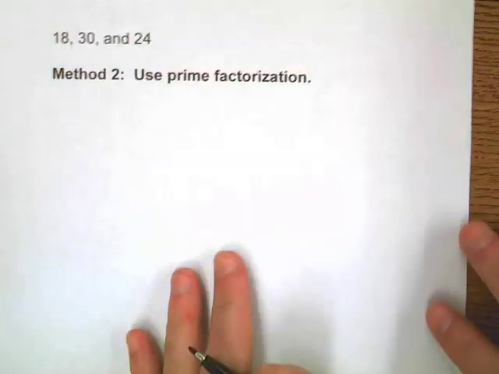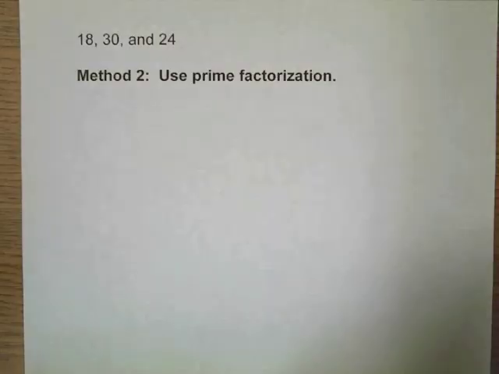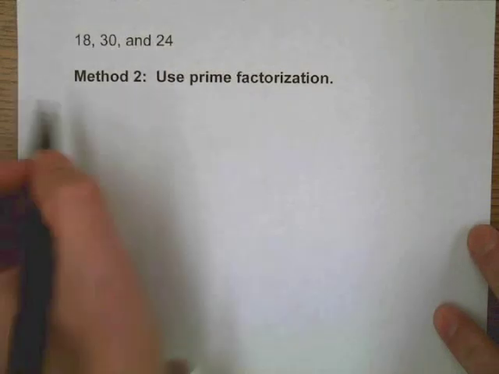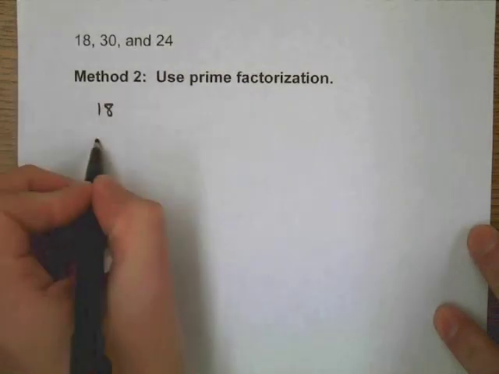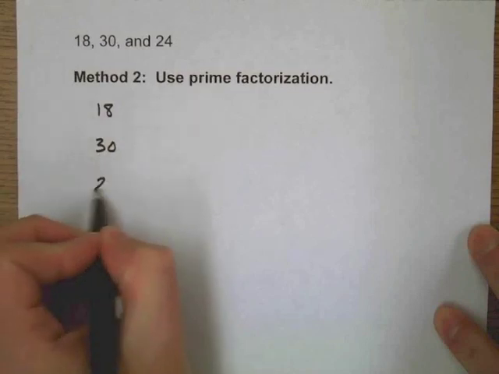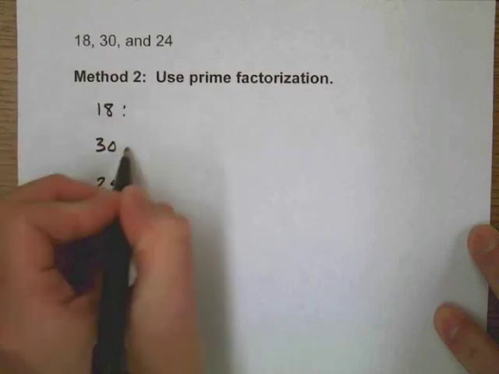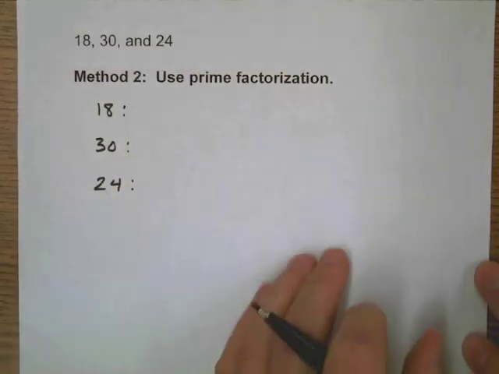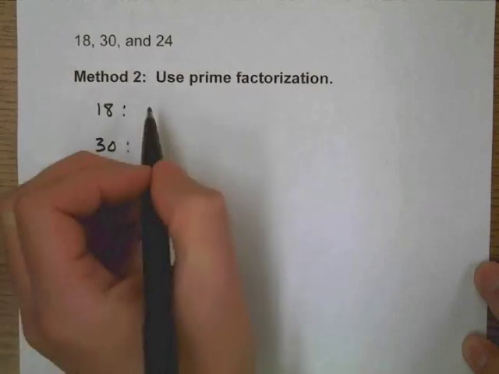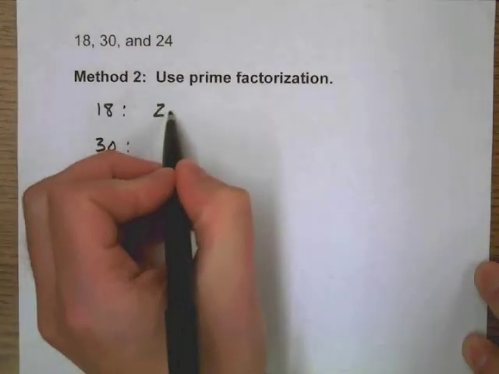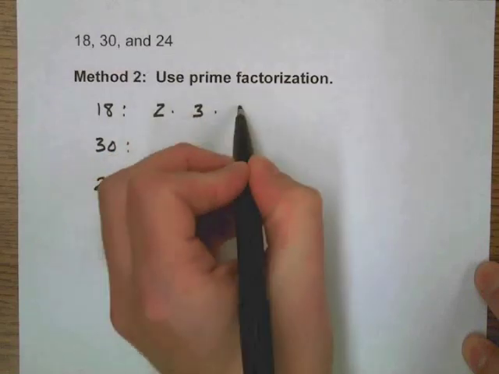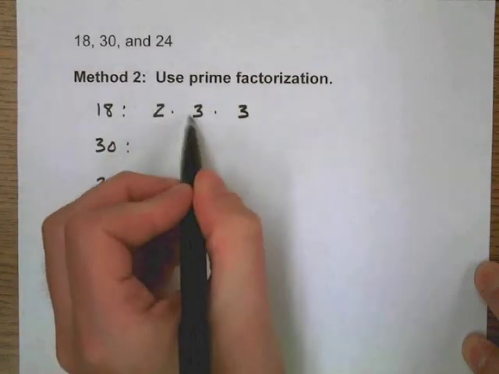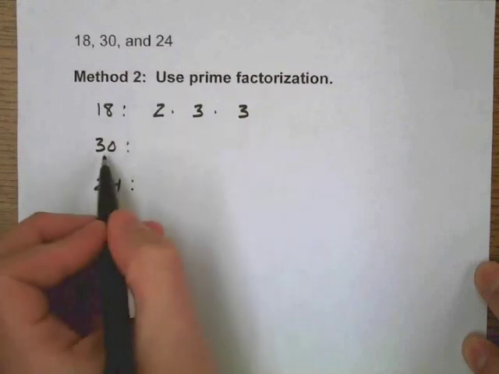So that's one method, just listing out the factors and finding the largest one they have in common. Another method, though, we could use is actually using prime factorization. And here we have three numbers: 18, 30, and 24. I can list out the prime factorization of all three. The prime factorization of 18 is 2 times 3 times 3. 2 times 3 is 6, and 6 times 3 is 18.